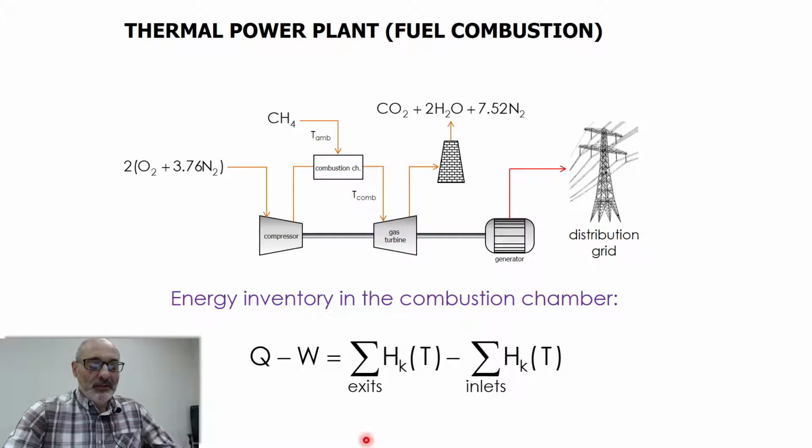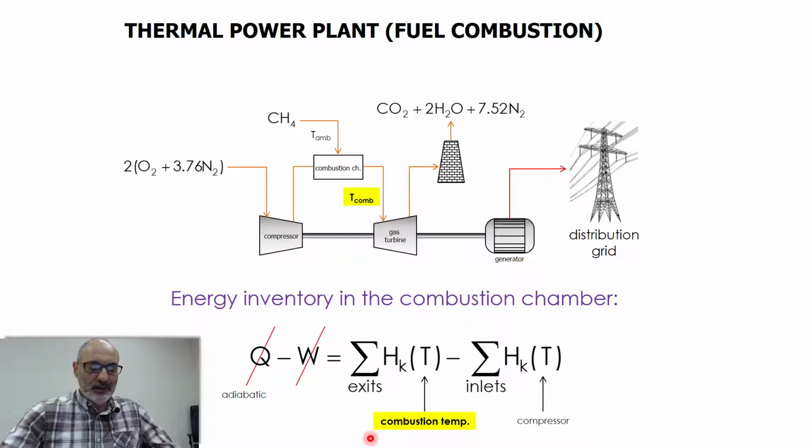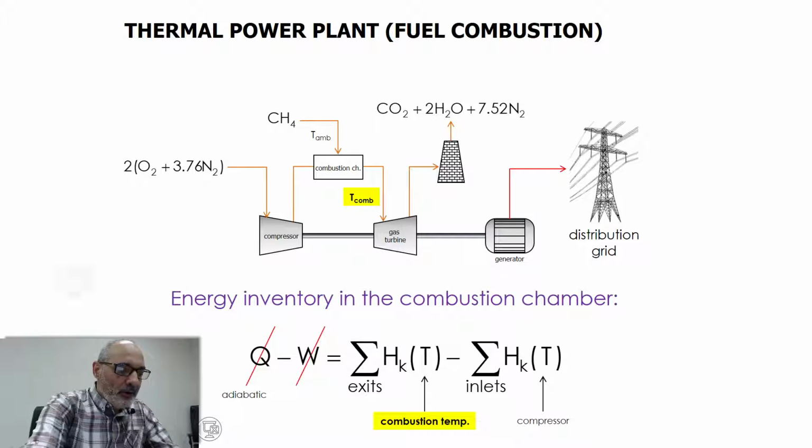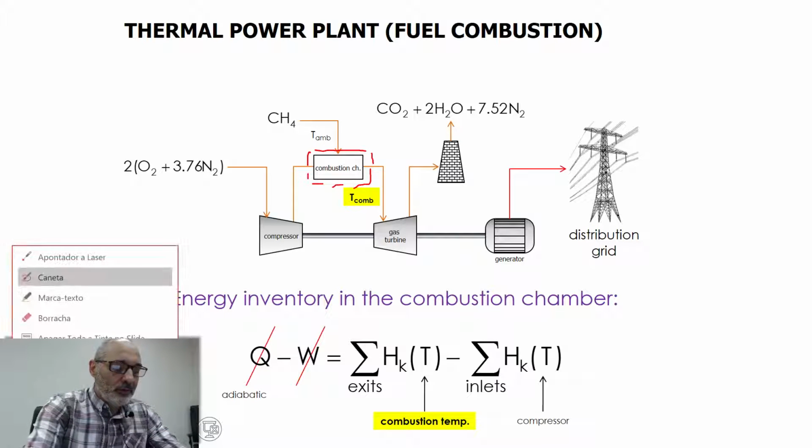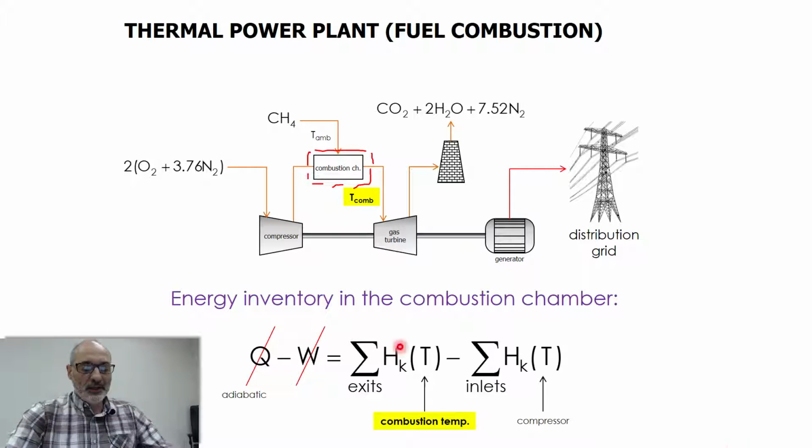When we do that with the control volume associated with the combustion chamber, let me make a quick drawing here. The control volume is around the combustion chamber. That's the control volume associated with this equation.